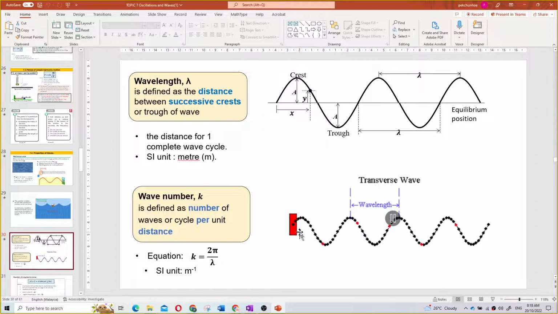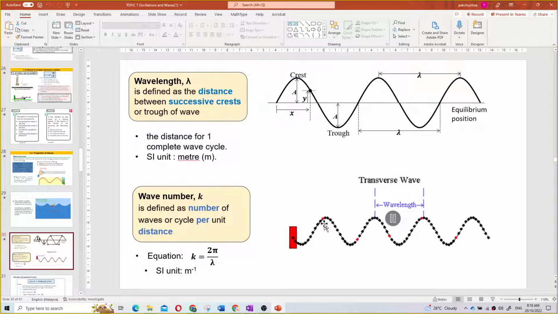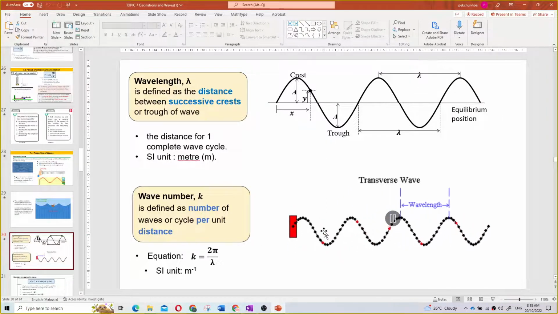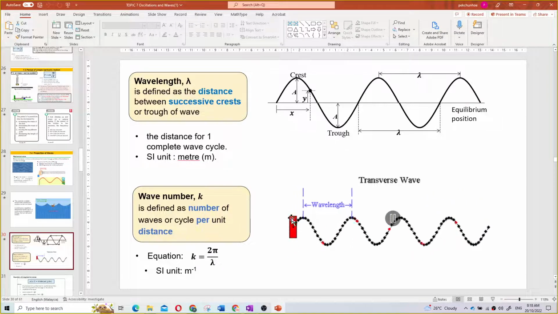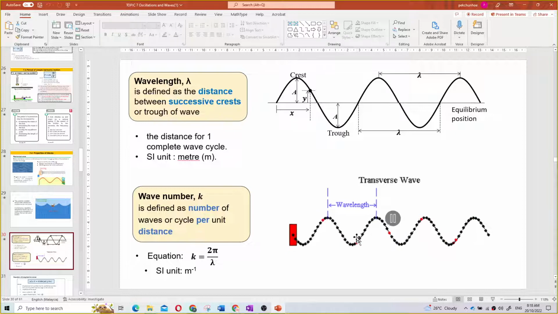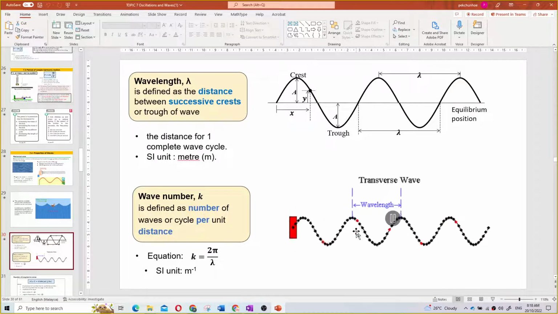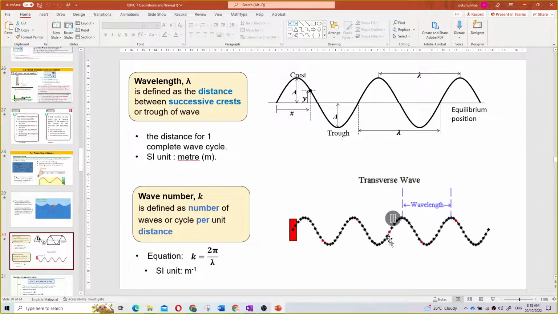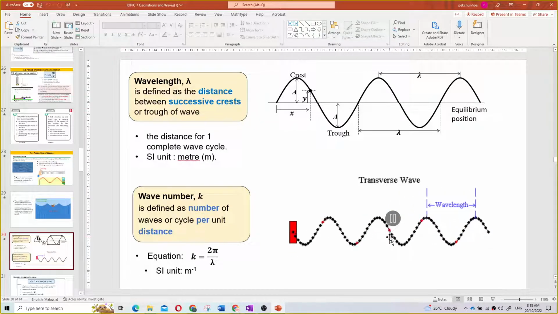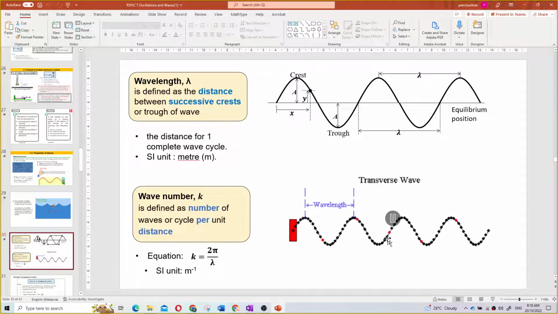What about the red particle over here? This is some distance away from the first particle, right? How about this other red particle, another distance away? And the third red particle, even further? Different distance, right?